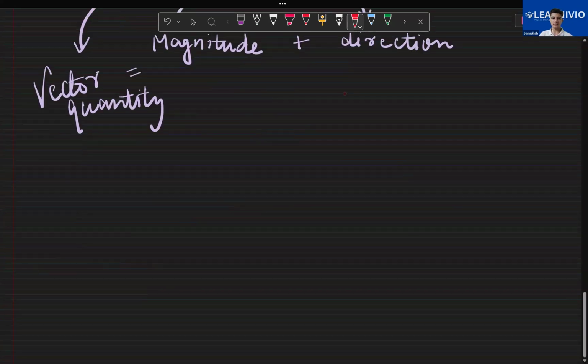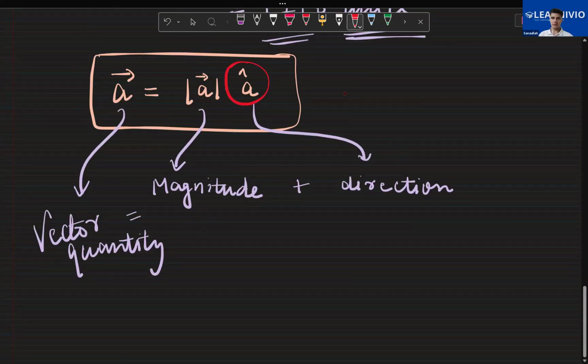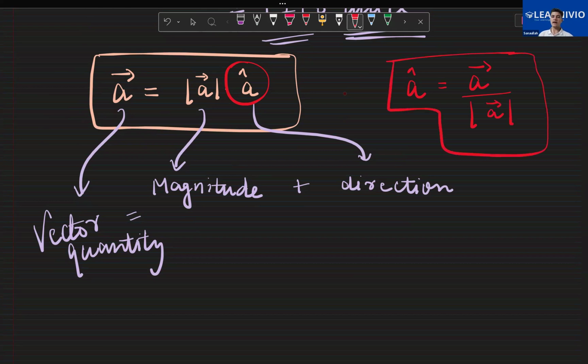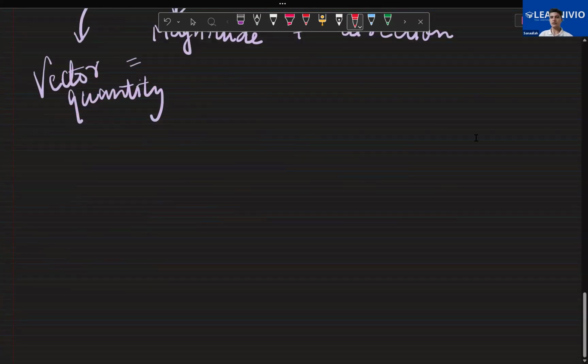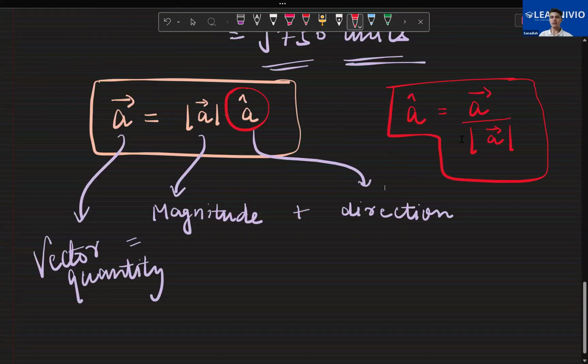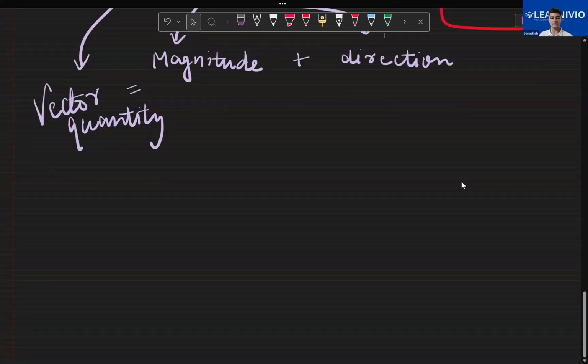And how will you find this? Your A cap will be vector A divided by its magnitude. So whenever it is asked to find the direction of any vector quantity, you should use this formula. Using this formula, you can get the direction of your vector quantity. Okay, is it clear? Koshi and Shamun, is it clear?